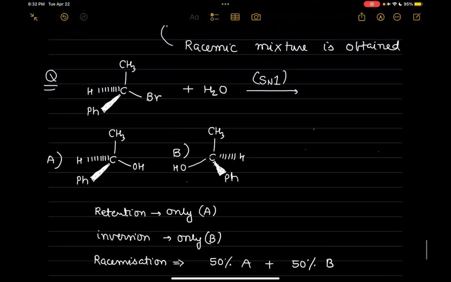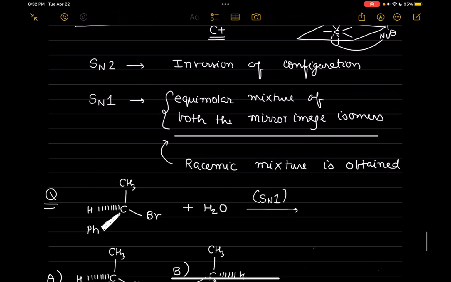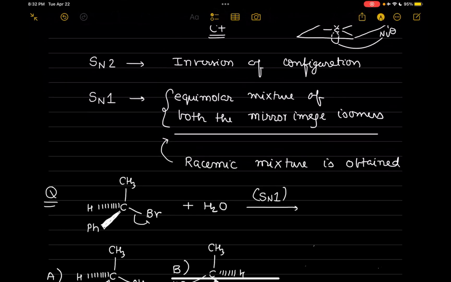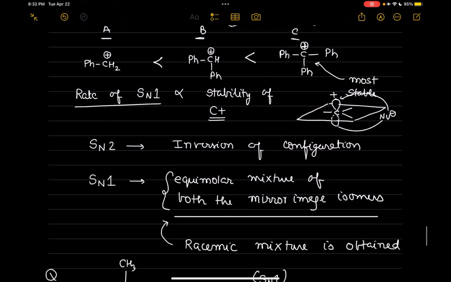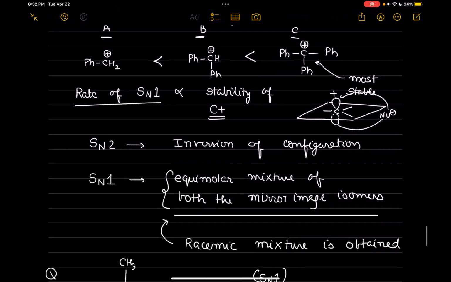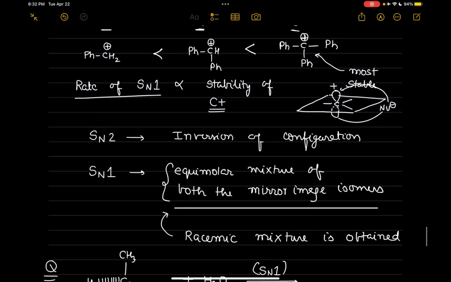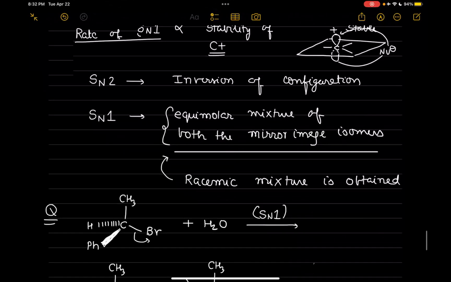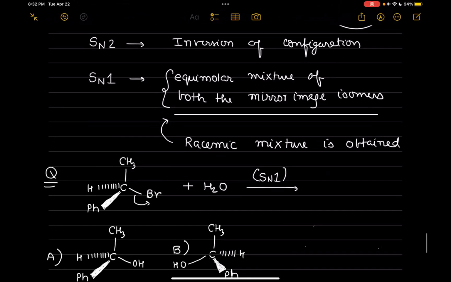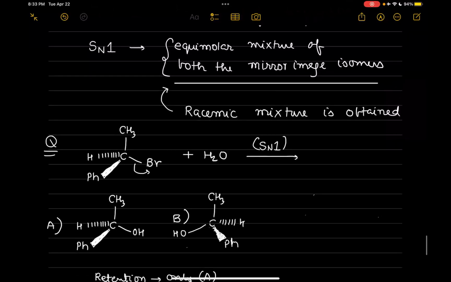Yes, sir. In SN1, because the leaving group completely detaches itself from the carbon, leaving a plus charge on the carbon, the three bonds become flat, just like the blades of a fan. And once they become flat, the OH group comes in the next step.